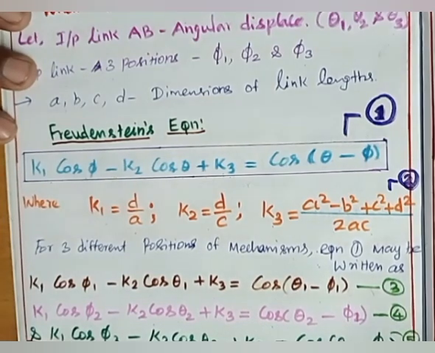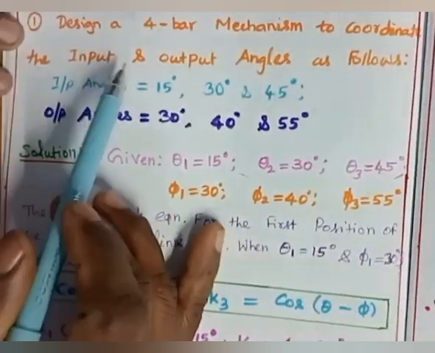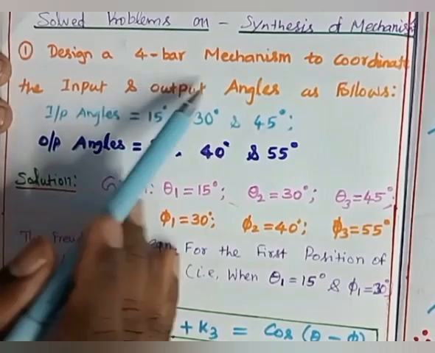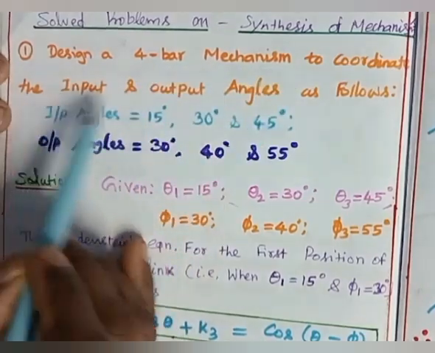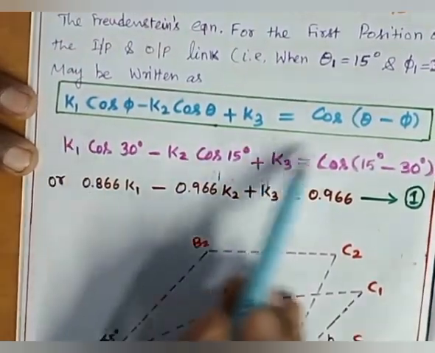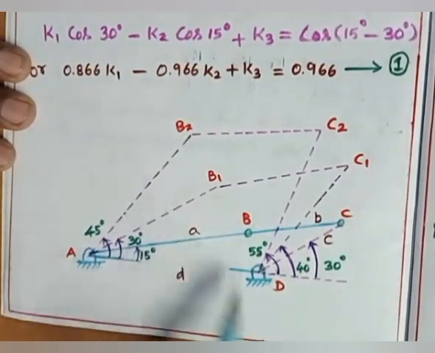Regarding this, we saw one problem in the last video. Design a four-bar mechanism to coordinate the input and output angles as follows. We used the Freudenstein equation for three different positions.